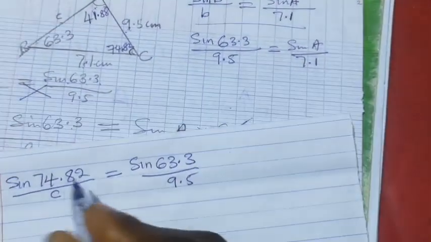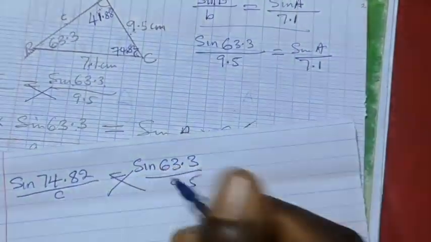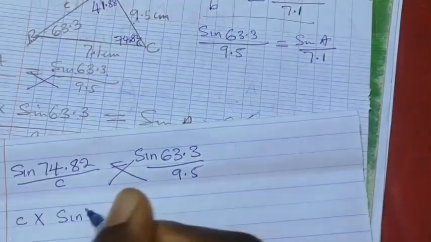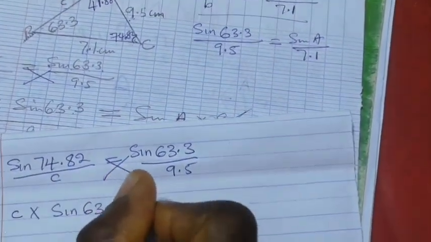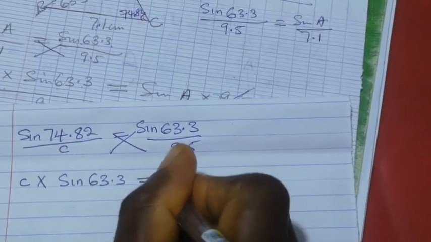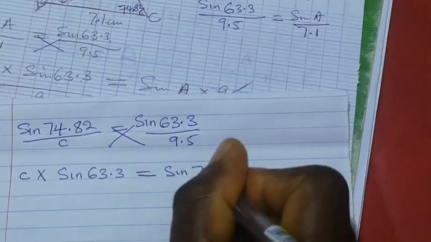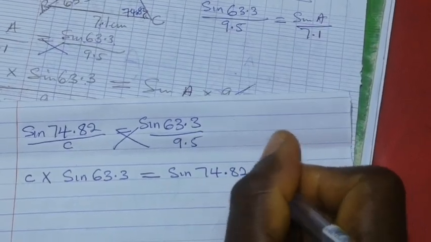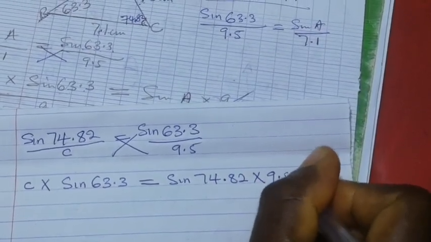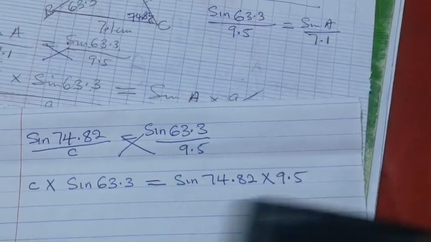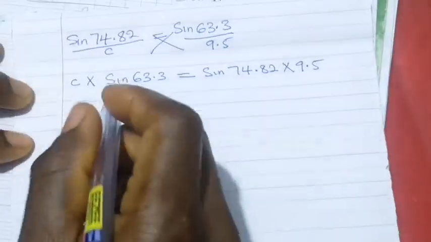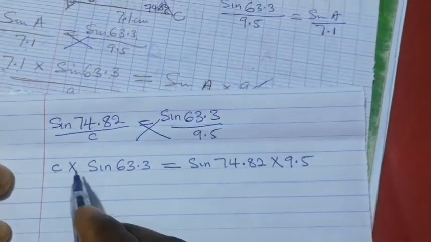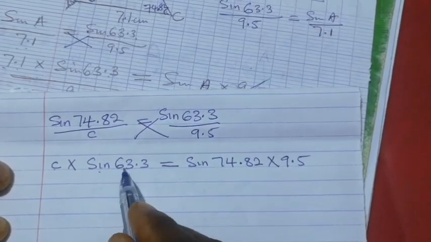Now for us to find side C, we have to cross multiply so that C times sine 63.3 is equal to sine 74.82 times 9.5. Before then, let's make side C the subject of the equation by dividing both sides by sine 63.3.